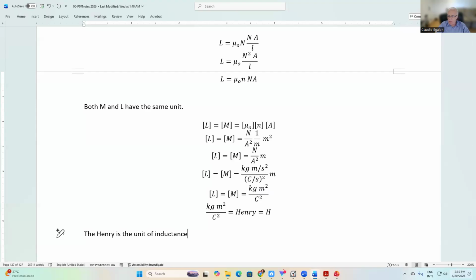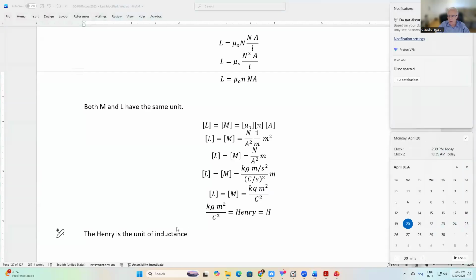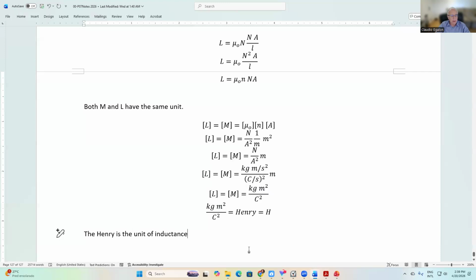That's 940, right? No, 1040. Henry is the unit of inductance.